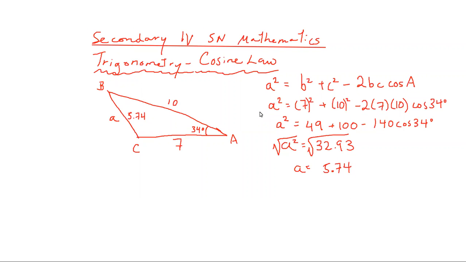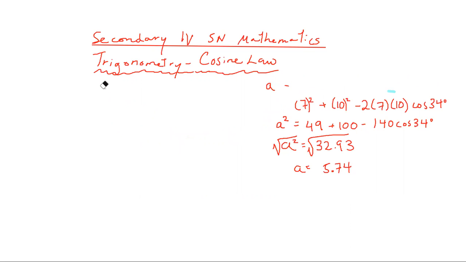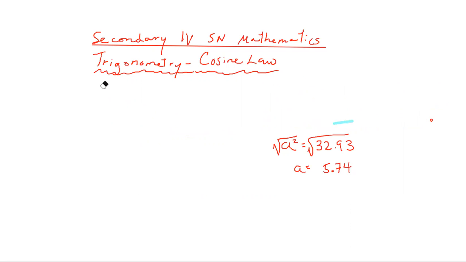So let's attack another example where this time I am missing the angle. How do I see when I need to use cosine law? When I see the following. I'm just going to erase this, just give myself a little more room because this does require a lengthier set of steps.